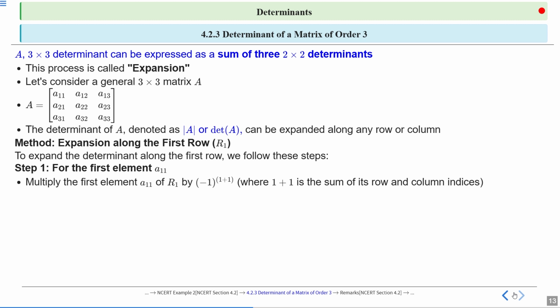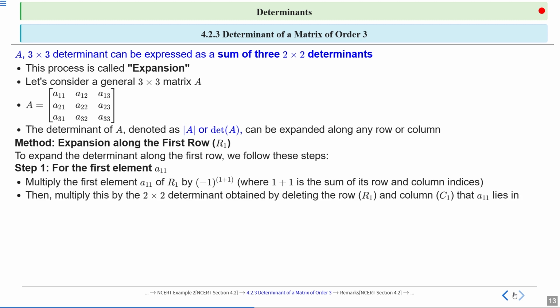Then multiply this by the 2 cross 2 determinant obtained by deleting row R1 and column C1 where A11 lies.